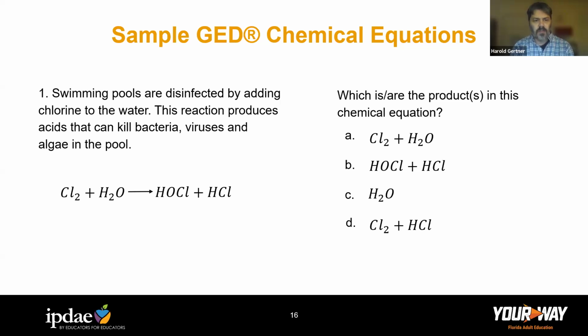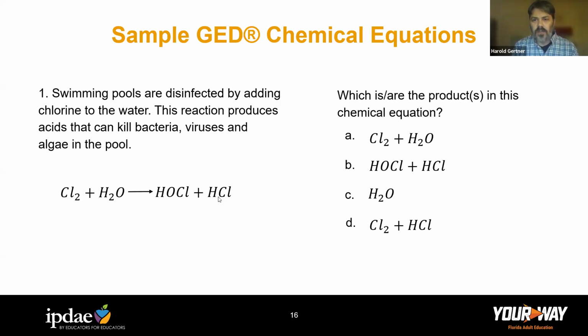And then here they have an equation. By reading it, hopefully our students can gather some information: Cl2 must be chlorine and H2O is water, and it said adding chlorine to the water. So when these react, the reaction produces this other stuff, which is some kind of acids.